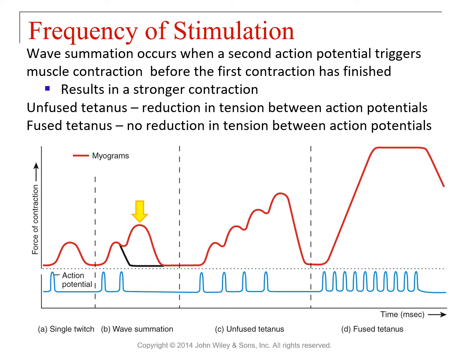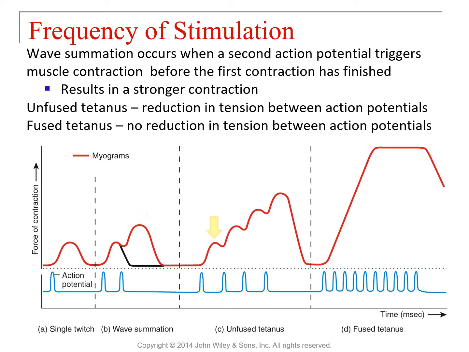So at this point, the contraction gets stronger because there's been no time for relaxation. You've basically just gone to a much stronger contraction instead of relaxation. Now, you'll notice that there is a relaxation after this second contraction, if another action potential hasn't come in.